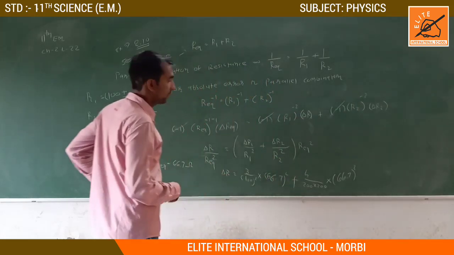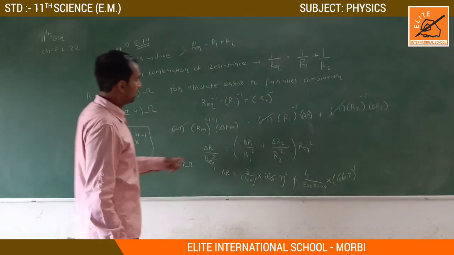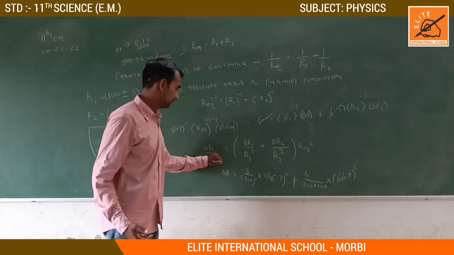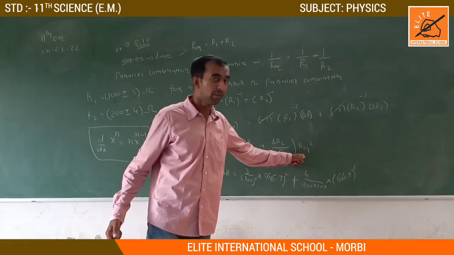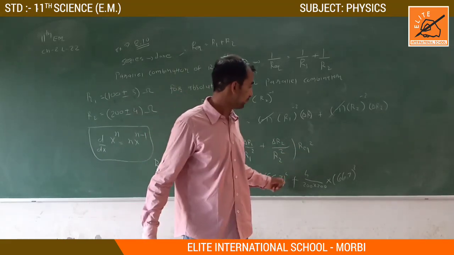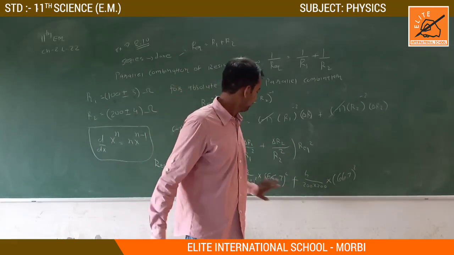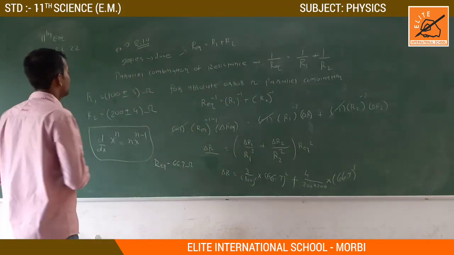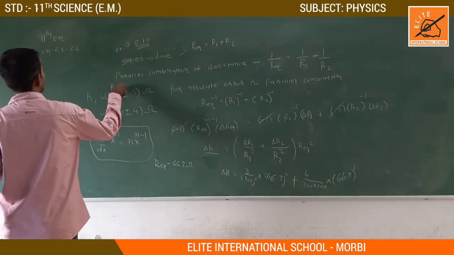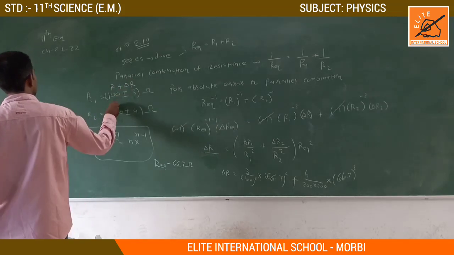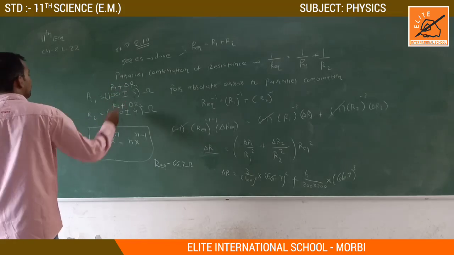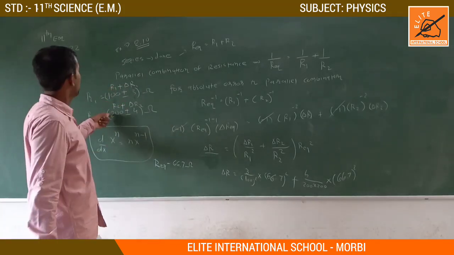R square is there, right? Now this is here, so we have multiplied it here, and the value is 66.7 square. Now this is R plus delta R, R1 plus delta R1, R2 plus delta R2.